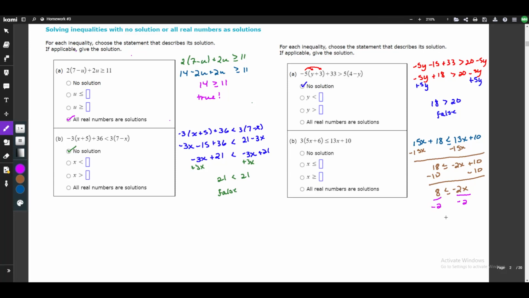Before I do anything else, I'm going to turn my inequality around. x and negative 4. And usually when we're talking about these, we like the variable to be by itself, or we like the less thans if at all possible. So this is the same thing as x is less than or equal to negative 4. There is still an x in the problem, so I would put this problem and I put negative 4 in there. And that is what we have.